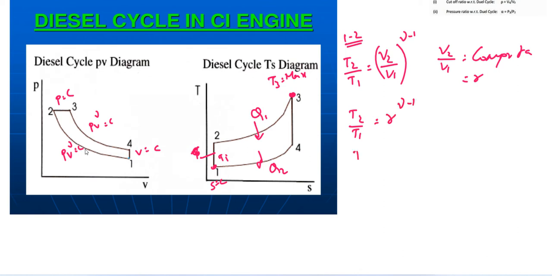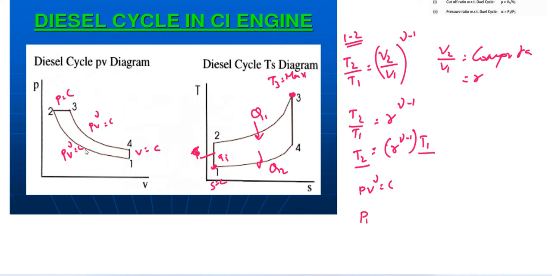Therefore, T2 equals r power gamma minus 1 into T1. In the problem they will give the initial temperature, so you have T1, and now you have to find T2 from this. It is the first step.